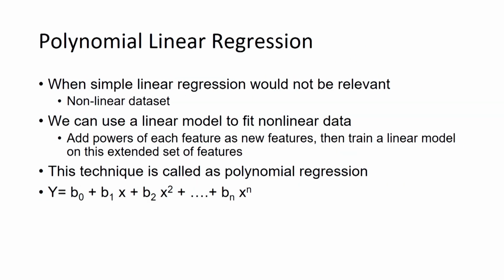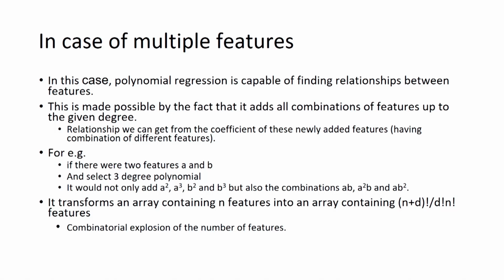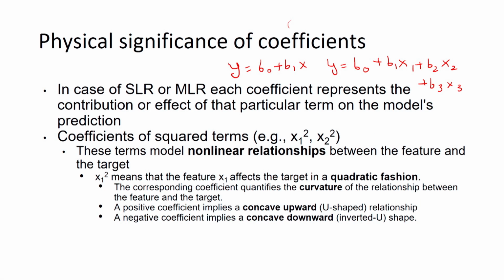So your model can be y is equal to b naught plus b1 x1 square plus b2 x2 square and so on. So in that case we want to see the physical significance of the coefficients of the squared terms, x1 square, x2 square, x3 square. What is the meaning of those coefficients?